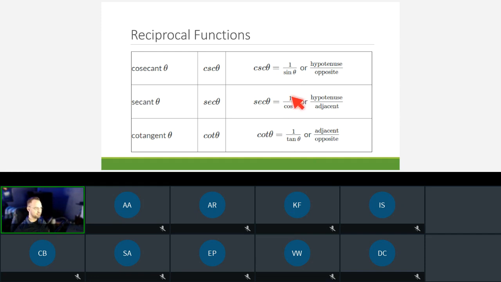So this page is very important. I would definitely write this down because we're probably going to use this in some form for the next 3 units. So make sure you know the ratios and the fact that cosecant is 1 over sine, and so forth. Any questions so far?